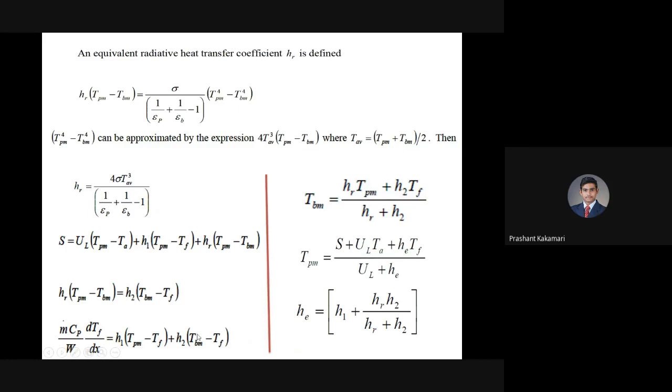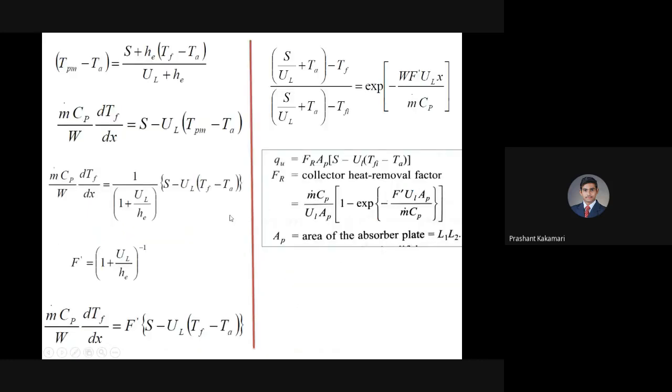So like this, if you go on recalling these substitutions, after simplification we will get S minus UL into (TPM minus TA). Because finally we want the useful heat gain equation, so to recall this useful heat gain equation, we need the equation in this form.